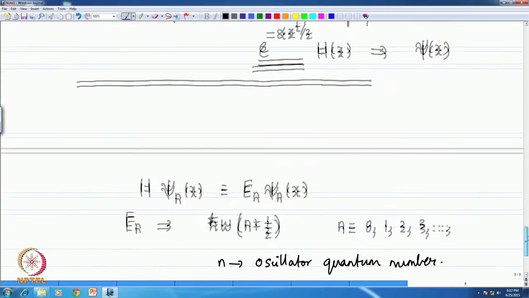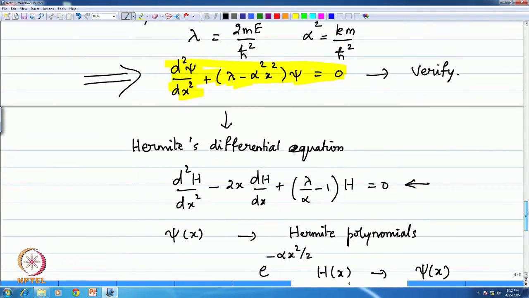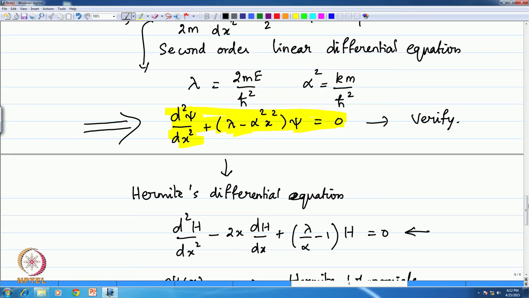Go back and look at the constants alpha and lambda. Alpha square is km by h bar square.